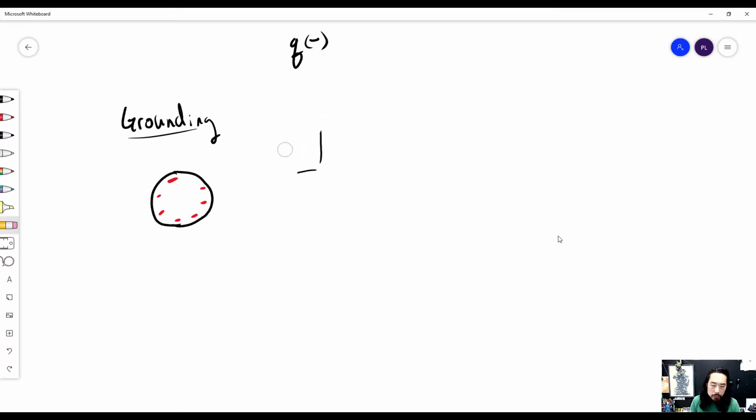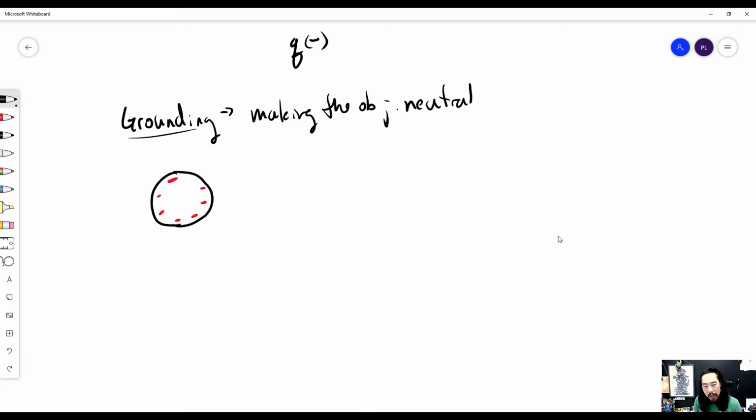Now, grounding occurs whenever you have excess charge and you are making the object neutral, or making the system neutral.